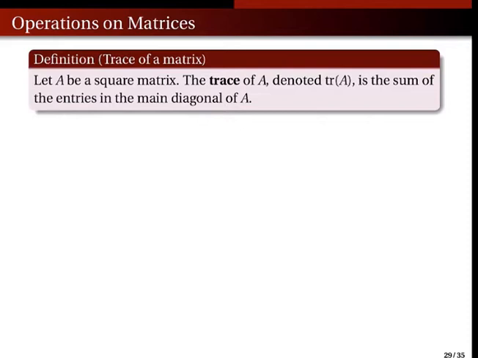If you have a square matrix, the main diagonal entries are the entries at the ii position, meaning A11, A22, A33, A44. So you get all those entries and you add them, and that becomes the trace of the matrix A.